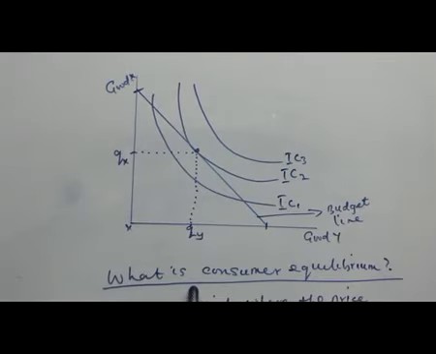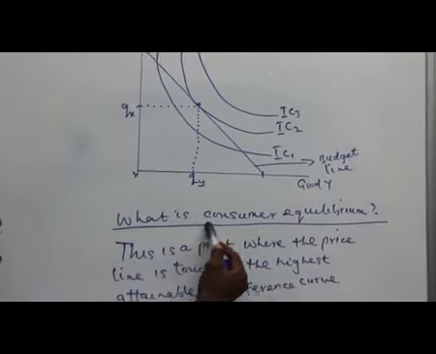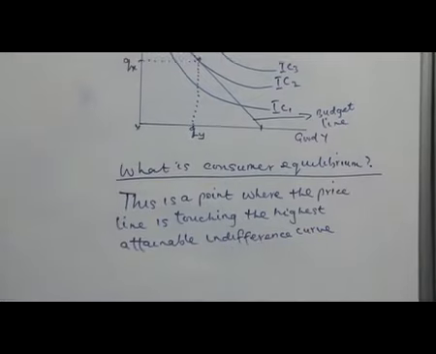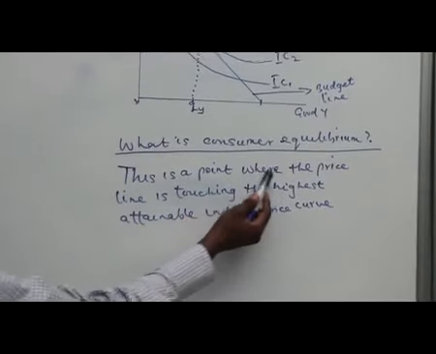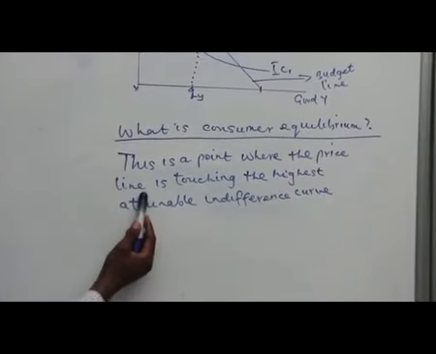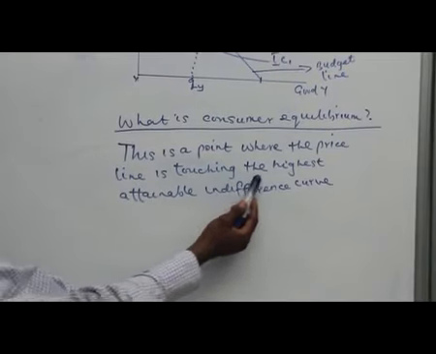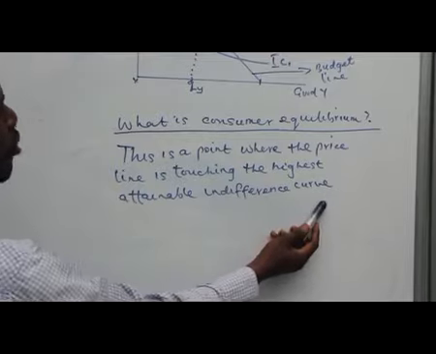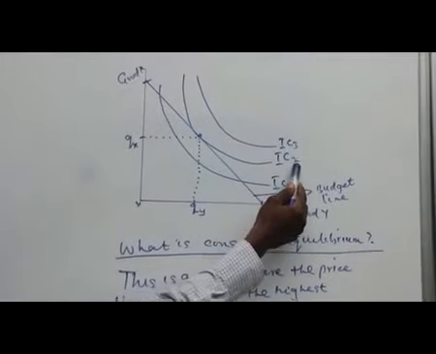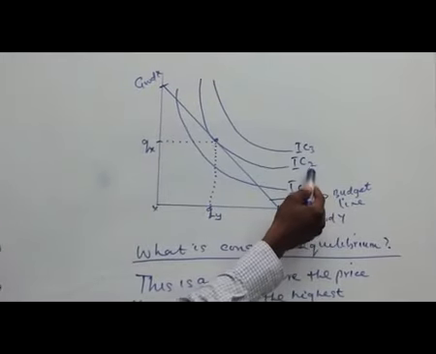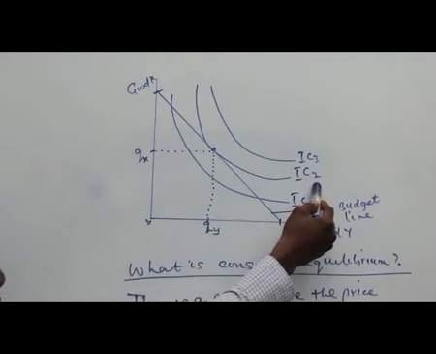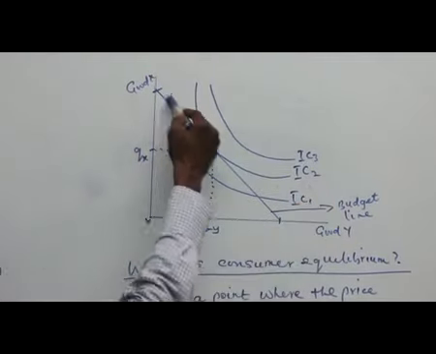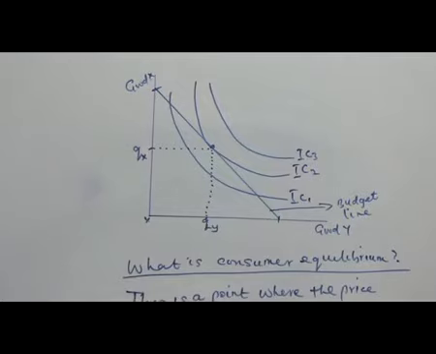The question now is, what is consumer equilibrium? This is the point where the price line that we call the budget line is touching the highest attainable indifference curve. So this is the highest attainable indifference curve that the consumer can have as a result of the budget line.